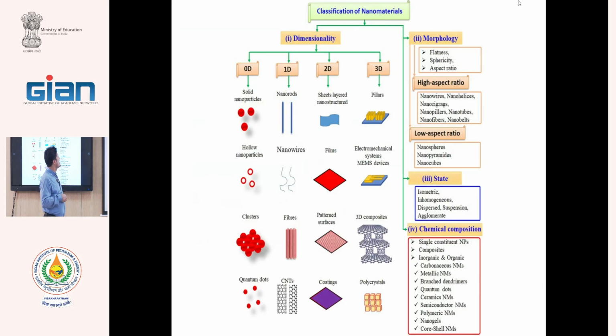We have nanorod and nanotubes that you see, nanowires or nanofibers. 1 dimension, the thickness, the diameter is 1. 2-dimensional, you see this one. We have a nanolayer, nanocoating.